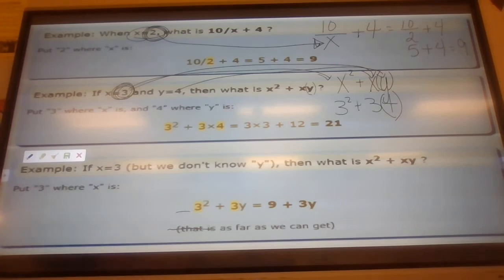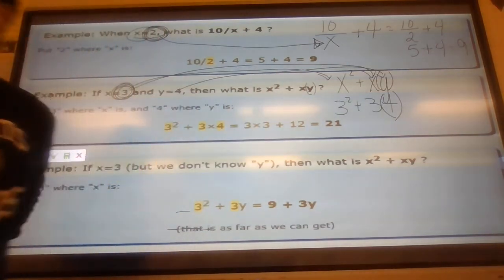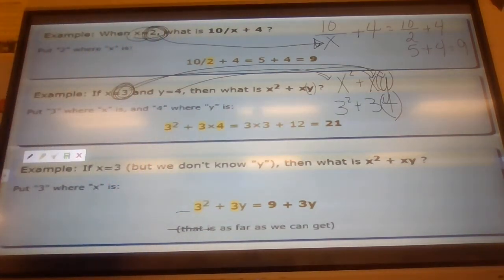The mistake that fourth period made over and over with this was they ended up looking at that as 34 instead of 3 times 4. 3 times 4, not 34. That was the biggest mistake, they were putting that in and just saying it was 34. Okay? Does everybody see that that's multiplication?